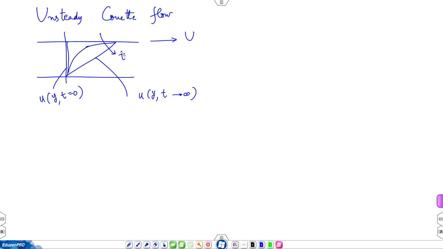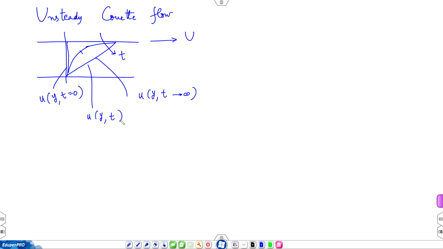If you want to obtain the complete solution, it would be not only the steady state, but also intermediate results like this curved variation I have shown. So, this is u(y,t).